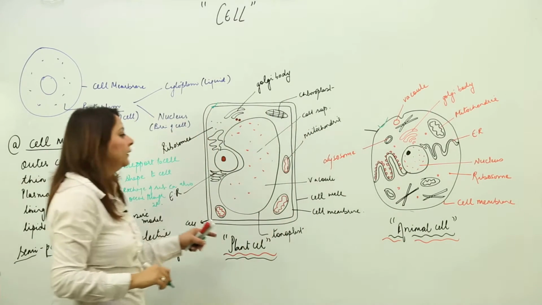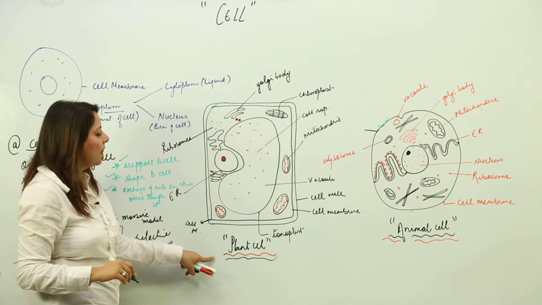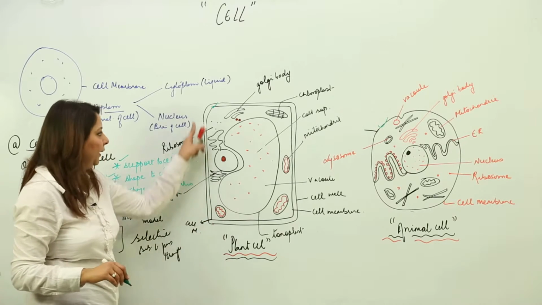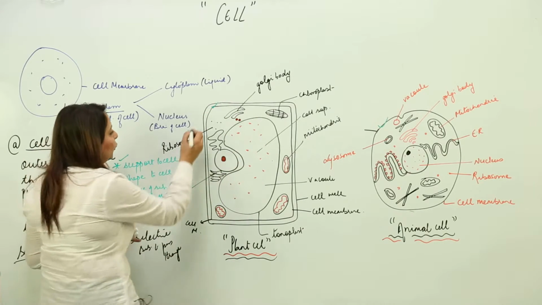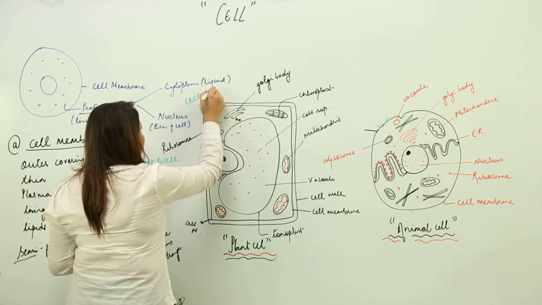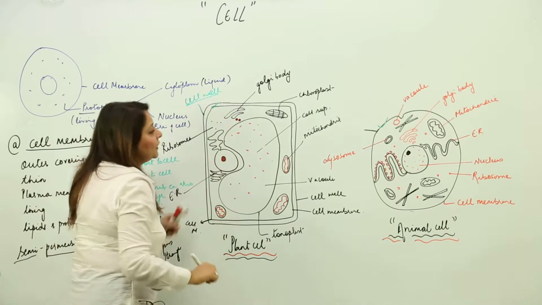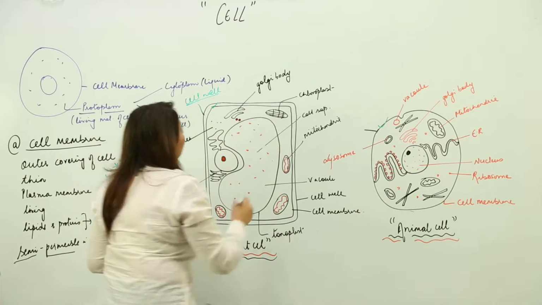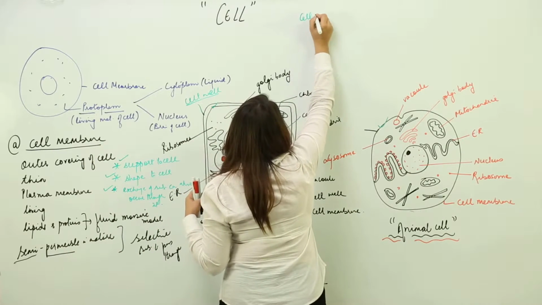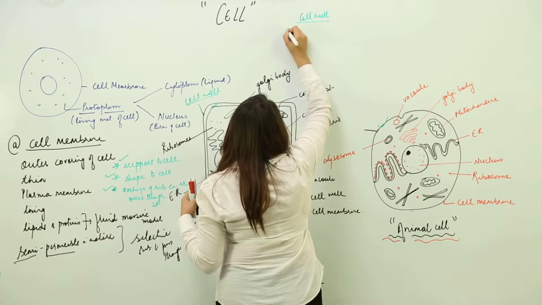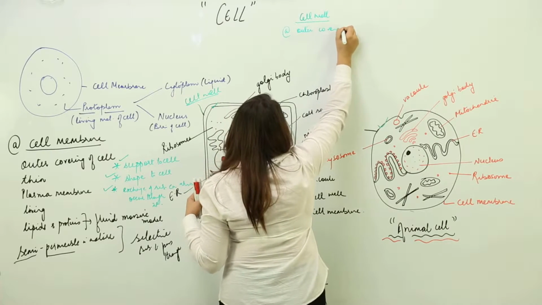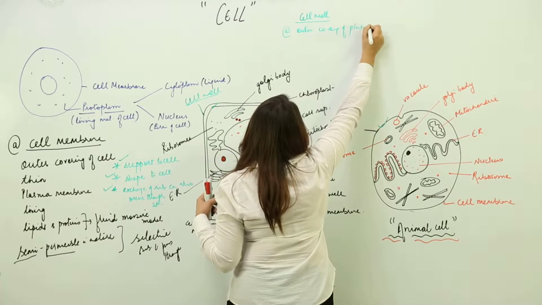What you have seen in the plant cell is that, outside the cell membrane, there is one more layer, called the cell wall, but no such wall is there in the animal cell. If we talk about the cell wall, first of all it is the outer covering of only the plant cell.